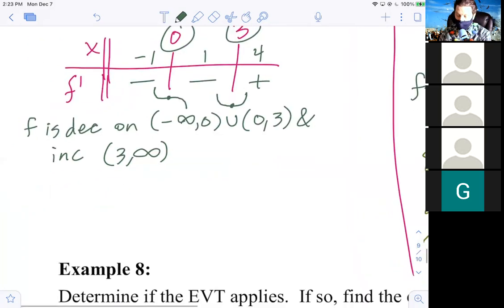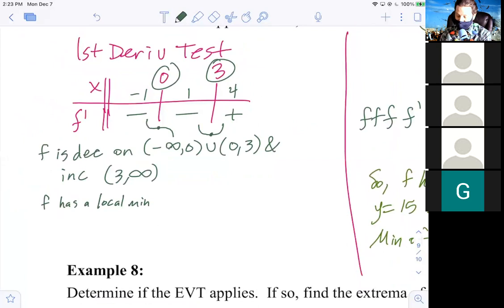Min, right? So we'll just say f has a local min at x equals 3. If you needed to know the minimum value itself, it would be f of 3. And then if they ask you to justify, you have to talk about the first derivative sign change. It's called the first derivative test, so you have to talk about the first derivative.